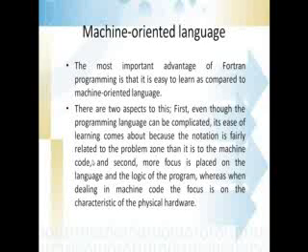And second, more focus is placed on the language and the logic of the program, whereas when dealing with machine code the focus is on the characteristics of physical hardware.